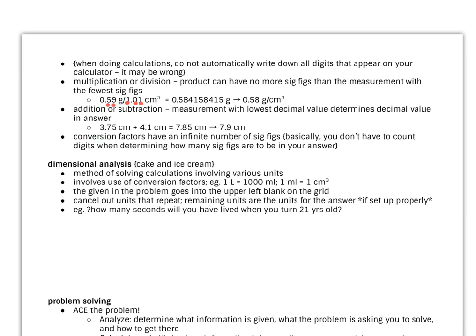It's more meaningful than this answer. And so we can only be as precise as our least accurate answer, which is this one. So this one only has 1 decimal. So if we did this in the calculator, we'd get 7.8 centimeters. But we can only go with 1 decimal, so we'd round it to 7.9 centimeters.